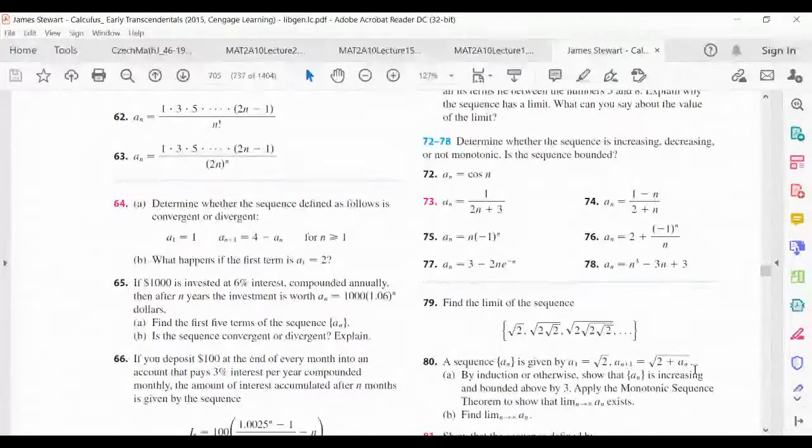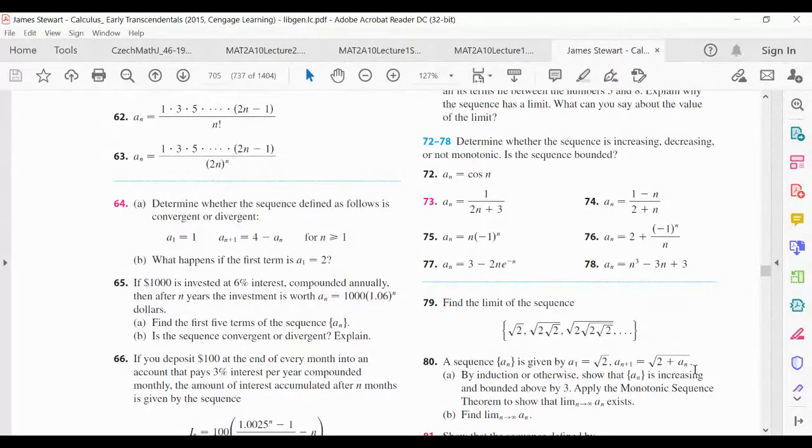So let's have a look at the ones that you can see there, 72 to 78. Determine whether the sequence is increasing, decreasing, or not monotonic. Is the sequence bounded? How about 75? Is it increasing, decreasing, or not monotonic? And then finally, is the sequence bounded?